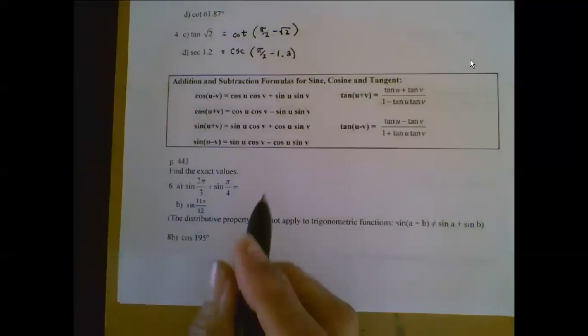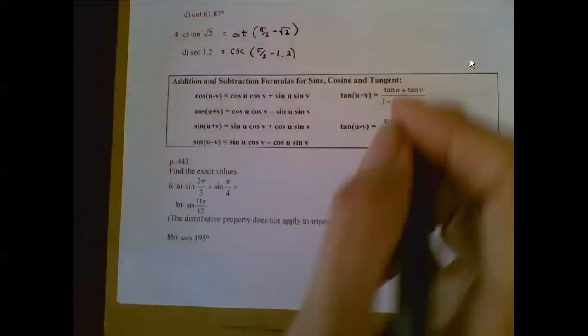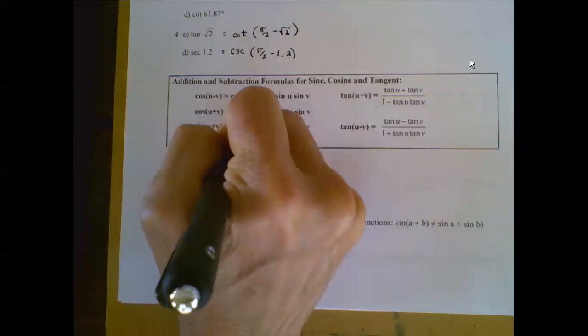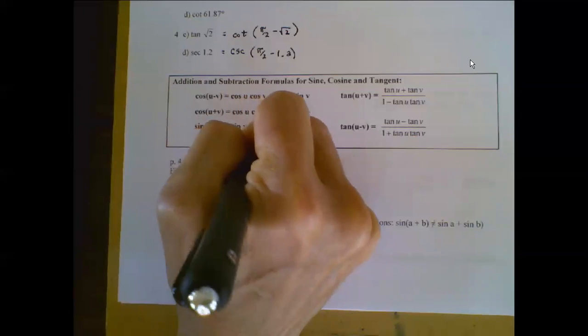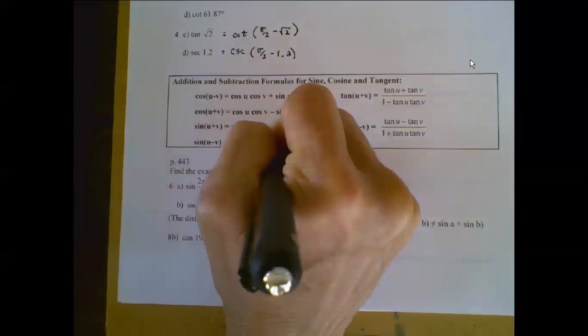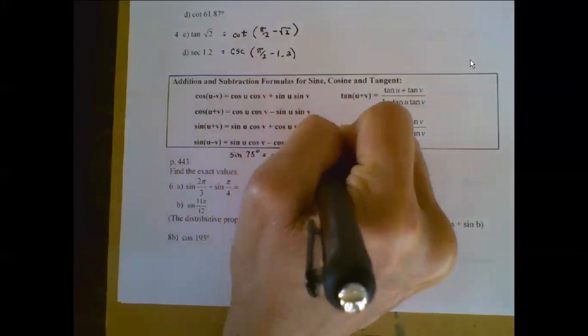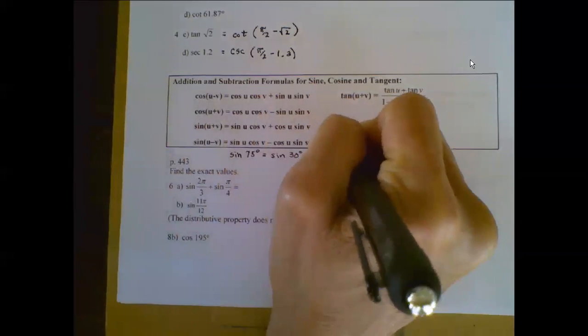Now, the addition and subtraction formulas, it would be awfully nice if what I said a minute ago were true, if we knew that, for example, the sine of 75 degrees is the same thing as the sine of 30 degrees plus the sine of 45 degrees.